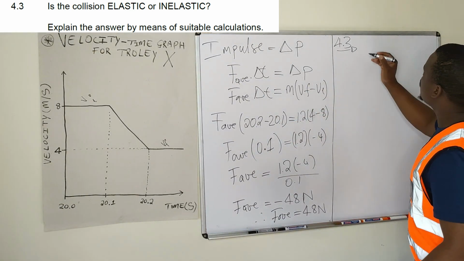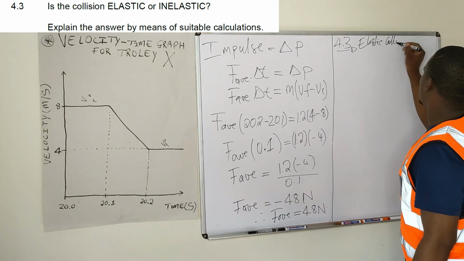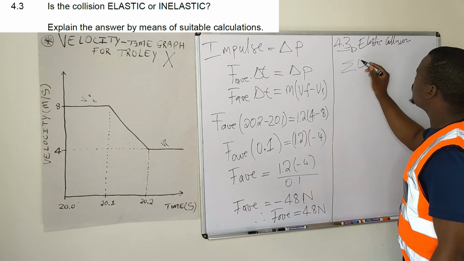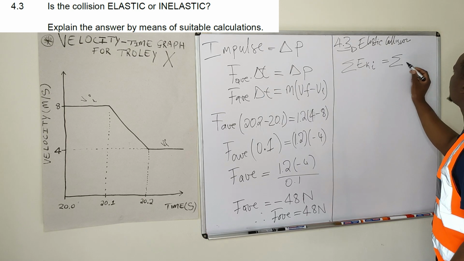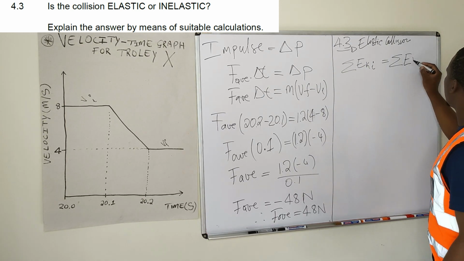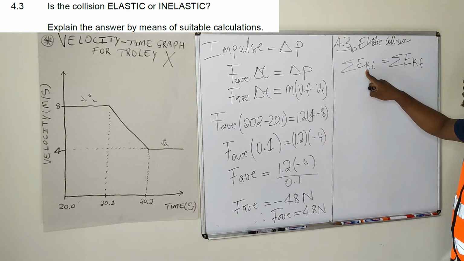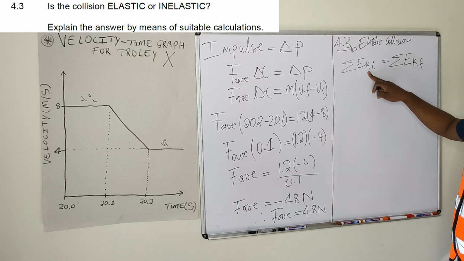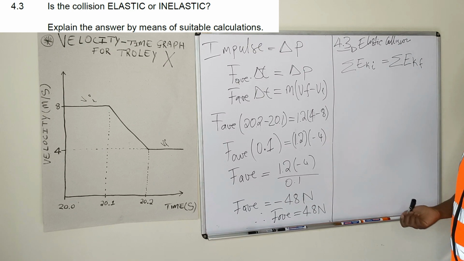If your collision is elastic, what that means is the sum of the initial kinetic energy should be the same as the sum of the final kinetic energy of the trolleys. That's what they mean by elastic collision.